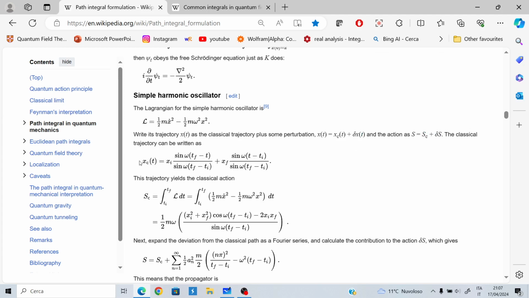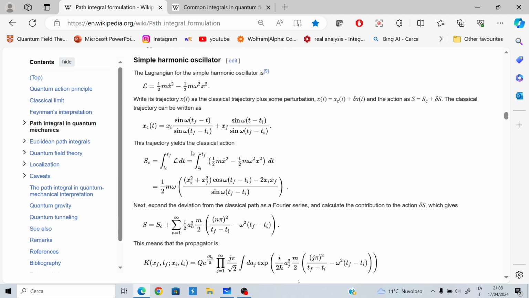So we write down the classical trajectory avoiding a description of the quantum aspects, and we can see that this displacement is equal to xi when t is equal to ti and is equal to xf when t is equal to tf. It's quite easy to see.